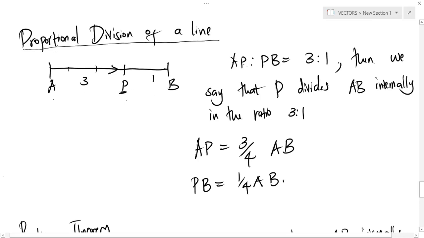So clearly AP is 3 over the total, which is 4, so 3/4 of AB, and PB is 1 over the total, which is 4, so 1/4 of AB.